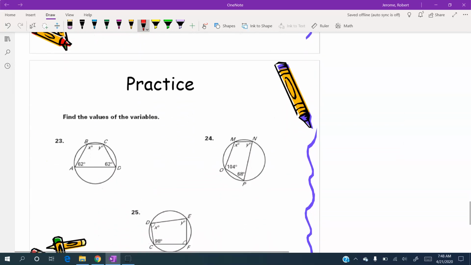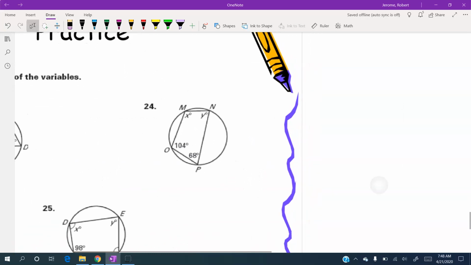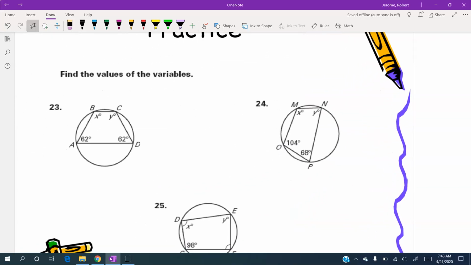Realistically, it just comes down to a few practice problems. So let's take a look at it. And again, we can look at this two different ways.